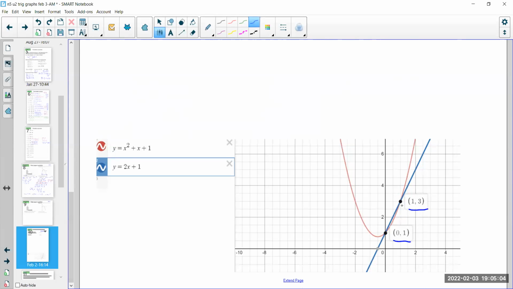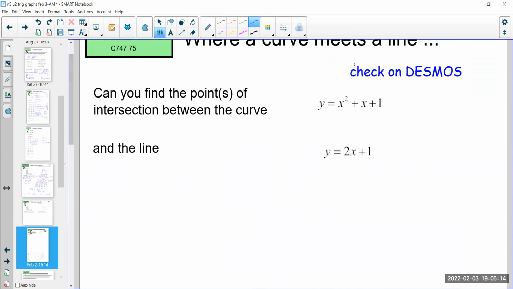As you can see, at the point of intersection, y for this line is equal to y for this other parabola. So the first thing you need to do is, if y is this and y is this, then x squared plus x plus 1 must be equal to 2x plus 1. Now we're going to group everything on one side and try to do some factorization work again.